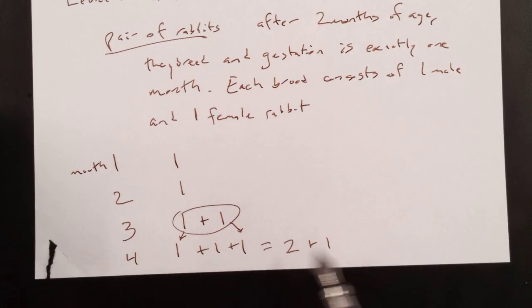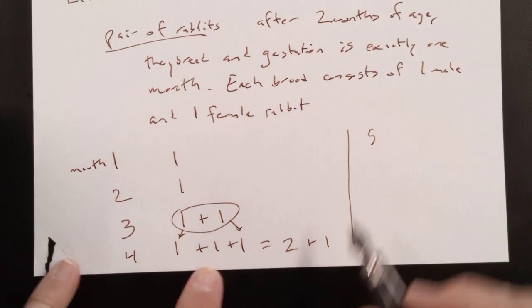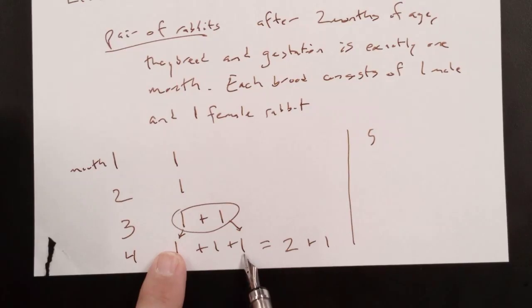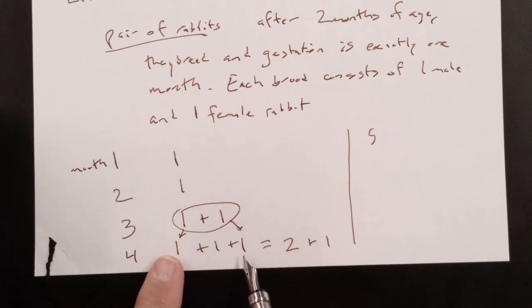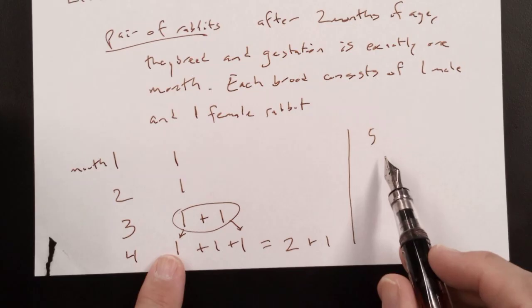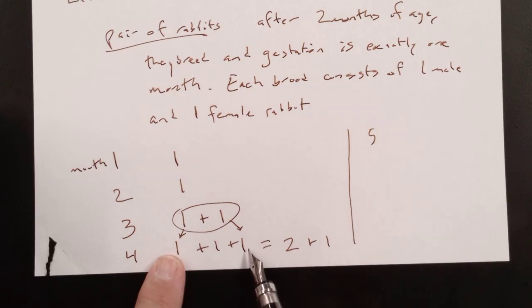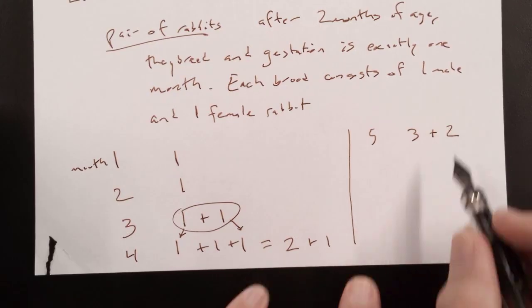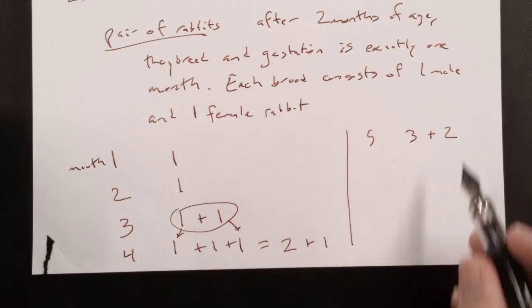But now at the end of month 5, these rabbits were newborn here. They had all of month 3 and all of month 4. They're old enough to mate. These two pairs mate, which means at the end of month 5, they will give birth, won't they? So from these two, I'll get 2 more. I already have rabbits, and then I'll get 2 more.